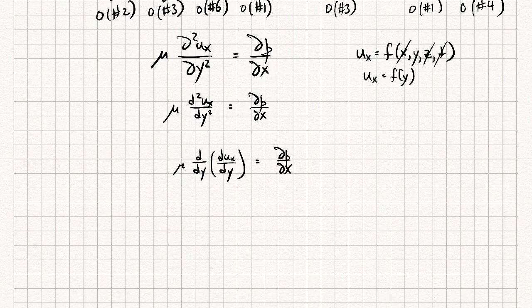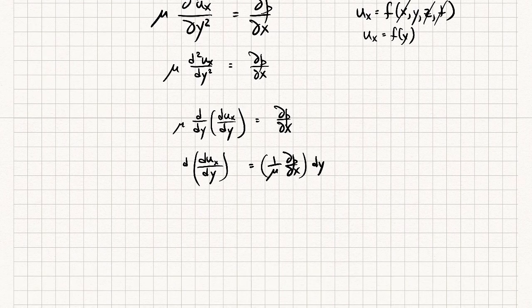All I did was take the derivative out here, and then I will write it like this. I'm going to take the dy to the right-hand side, as well as the mu. There we go. So all I did was take this dy and bring it over here, left this d here with this one, and divided through by the mu.